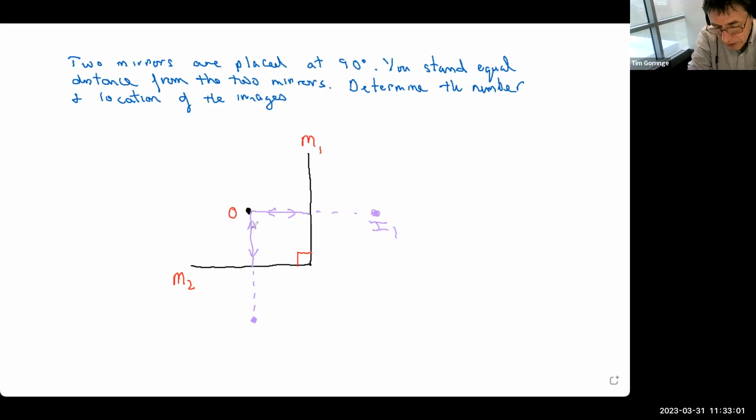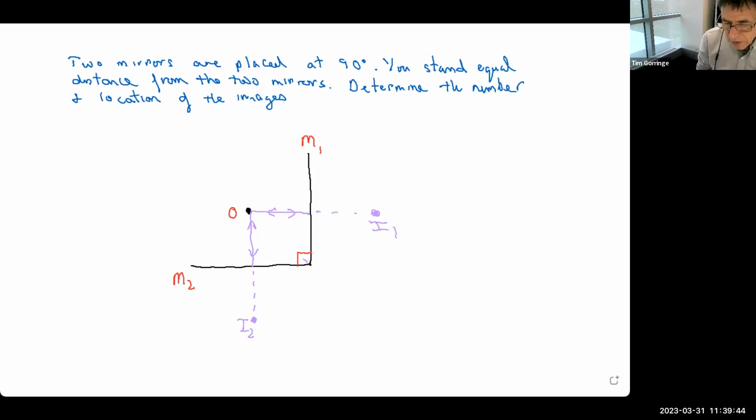It's a distance behind the mirror corresponding to the object's distance in front of the mirror. Again, it has a magnification of 1. I'm going to call that image number 2. So that's two single reflections, two single images. But there's actually a third image.